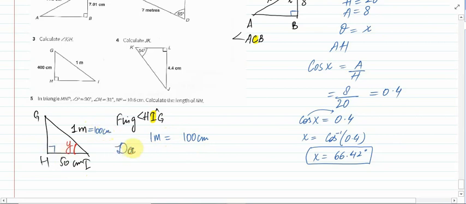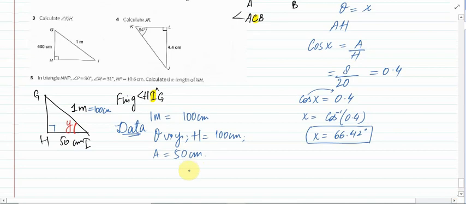For data, angle is Y, hypotenuse is 100 centimeter, and adjacent is 50 centimeter.